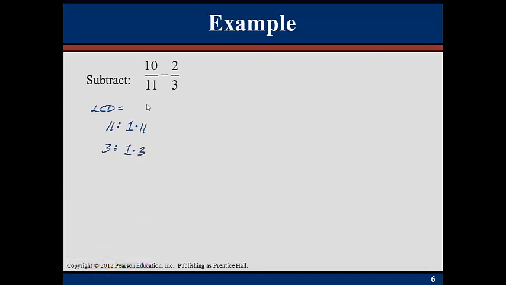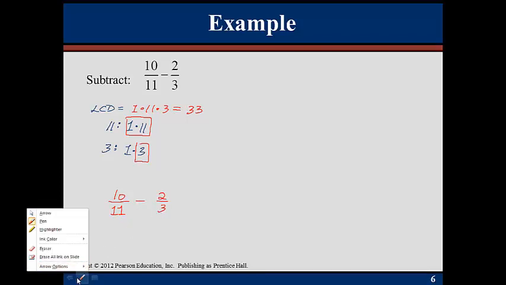Then the LCD would be 1 times 11 times 3. And it will become 33. So now the second step is to turn our denominators into the LCD.